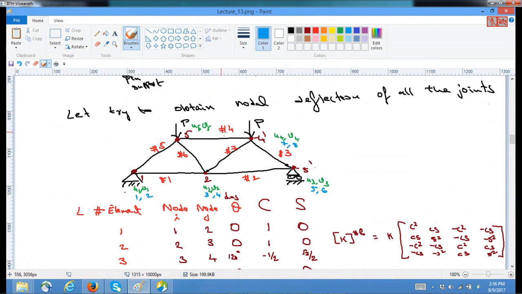So for the first one, this row corresponds to U1, this corresponds to V1, this is U2, this is V2. Similarly, these columns correspond likewise. For the second one, this is U2, V2, U3, V3.